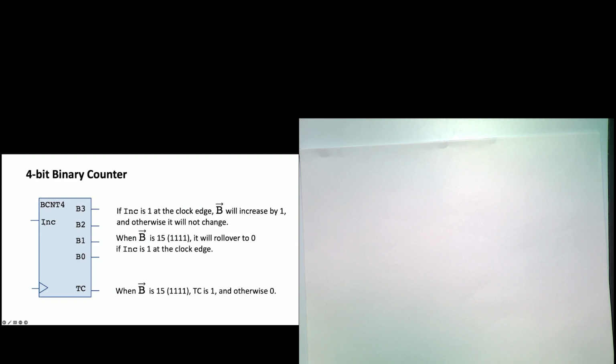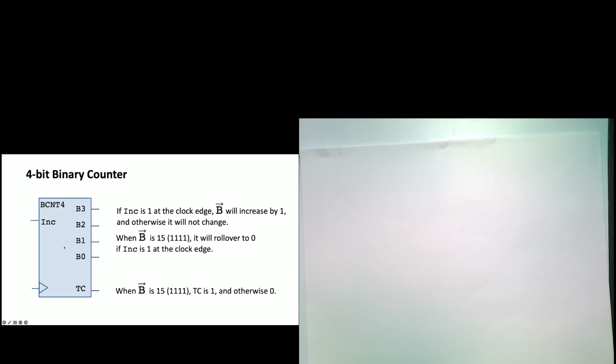It always goes up, so we don't have to worry about whether it's going up or down. It has 4 bits, a bit vector that represents a value. And basically, at the clock edge, if increment is high, it advances to the next value.